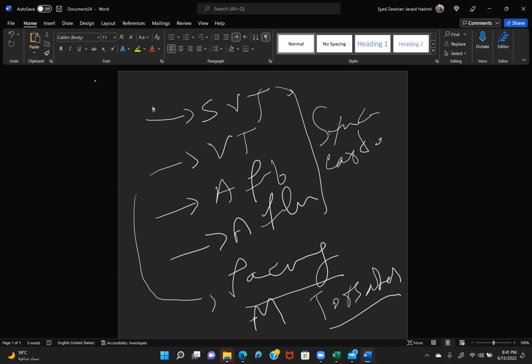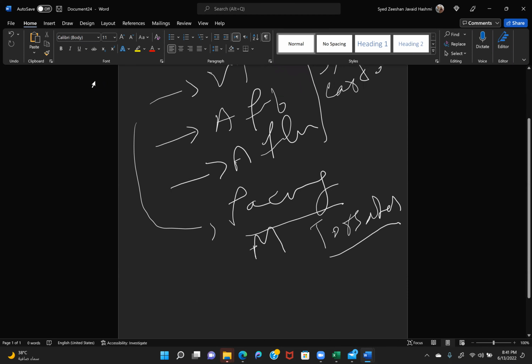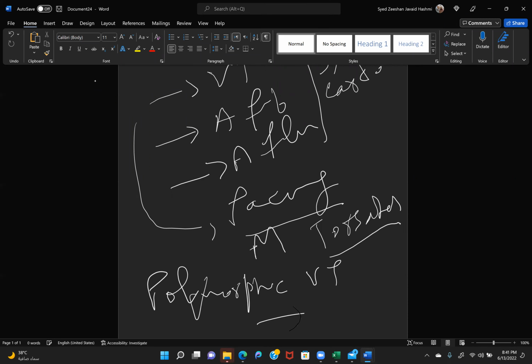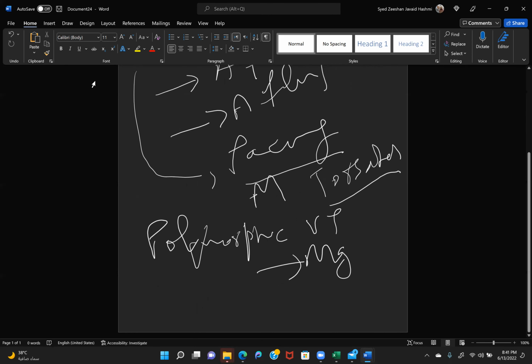I'll look into it, you confirm it. Okay, polymorphic VT: you have to give magnesium because this is usually torsades, and the other answer is pacing.